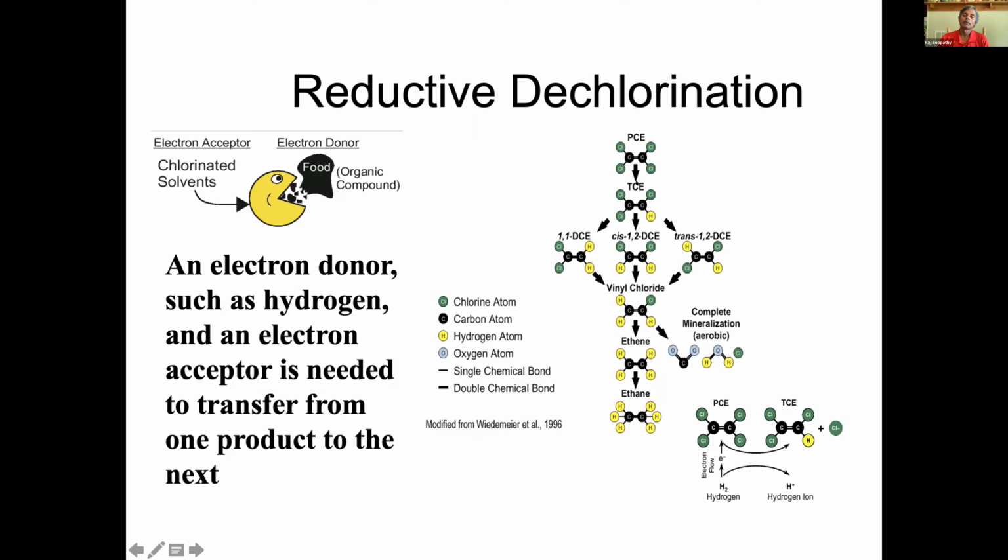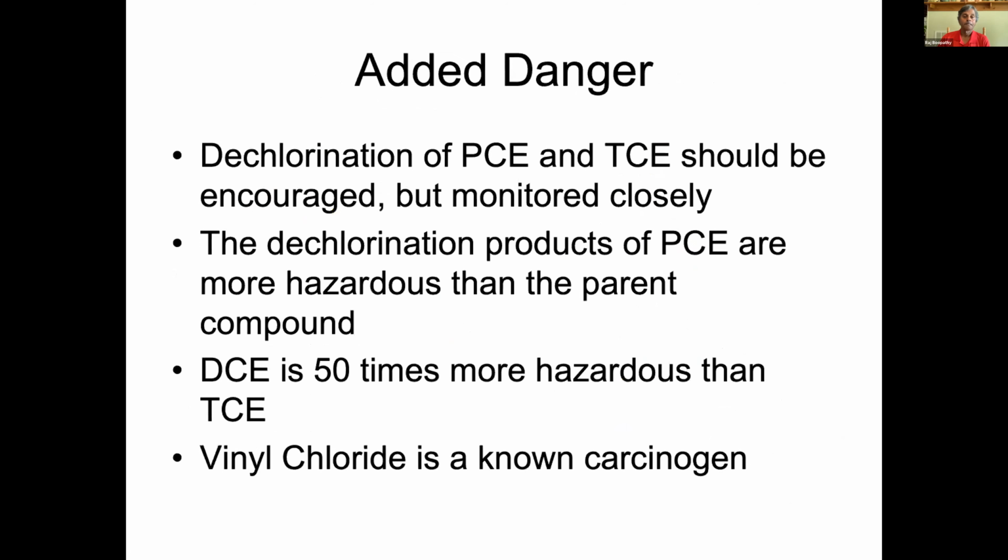So PCE becomes TCE, and TCE becomes dichloroethylene and ends up in vinyl chloride, and then ethane. This is reductive dechlorination, where the compound itself acts as the electron acceptor, and you're substituting the chlorine and converting them to a harmless product.